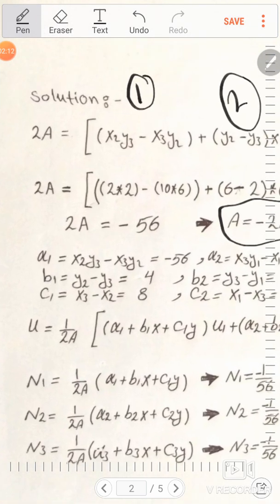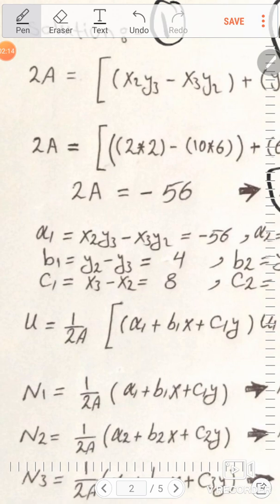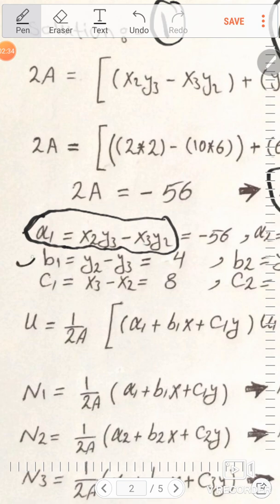I hope you can see. So this is the rule that you follow, how you can find a1. This is the way I can find the value of a from this one, and for b1 also I can follow this one, and the c1. You can go to some references if you want.